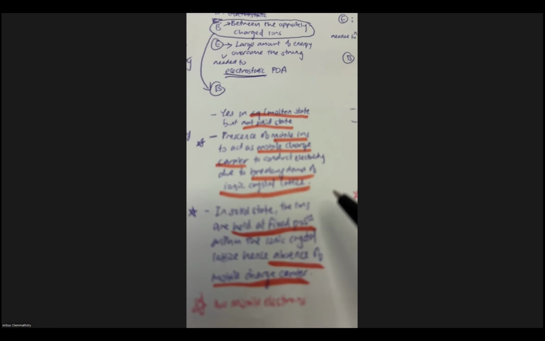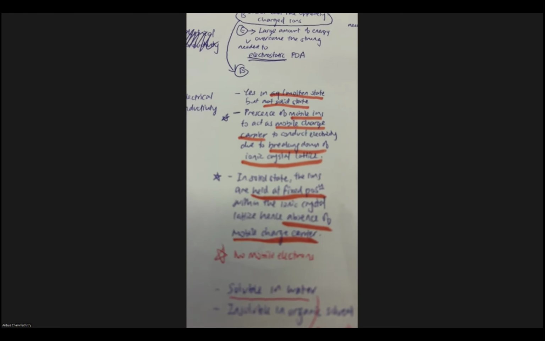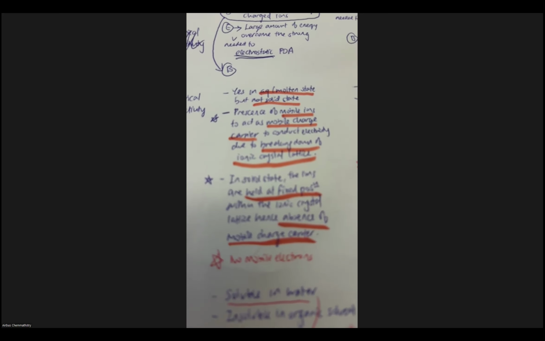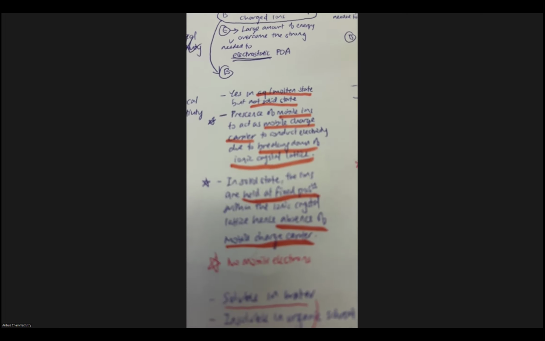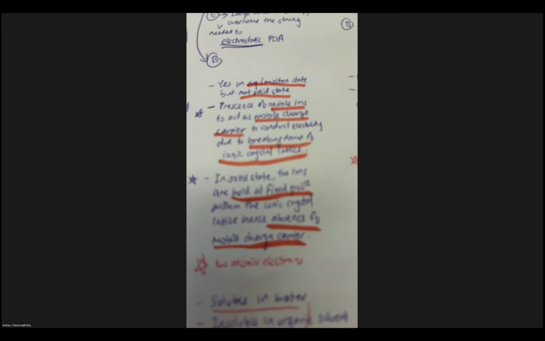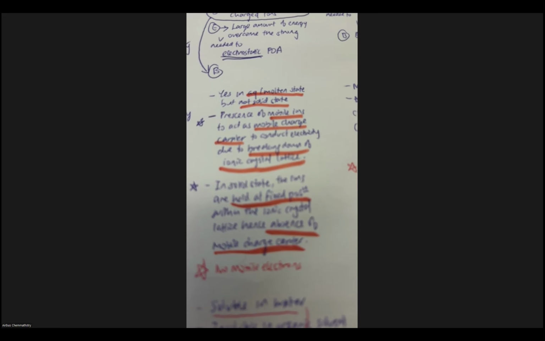What I wanted to mention here is that in the ionic compound, the only thing that is responsible for the conduction of electricity, as a mobile charge carrier, is the mobile ion. There is no free moving electron in the ionic compound to act as a mobile charge carrier.